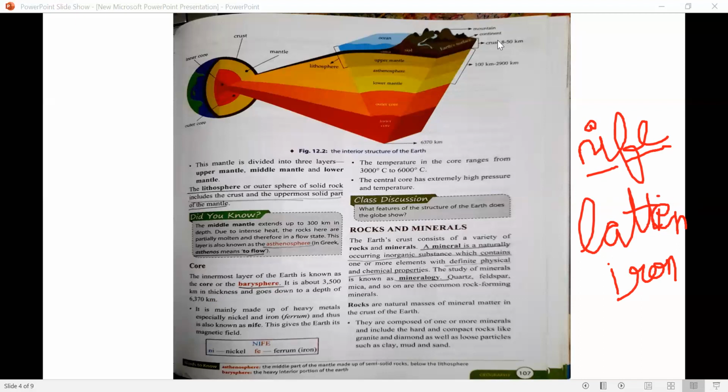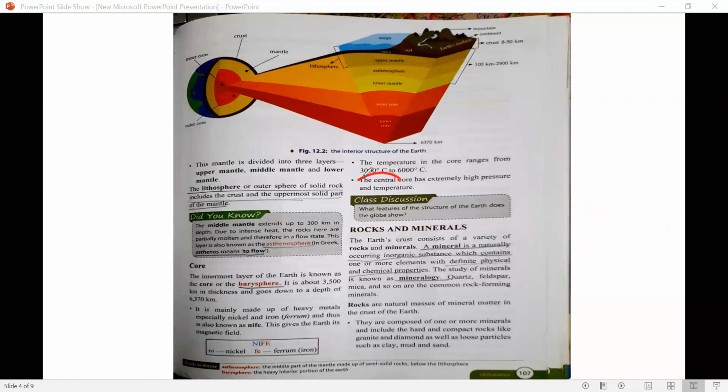Now let us study what the temperature of the core is. The temperature of the core is 3000 degrees Celsius to 6000 degrees Celsius. That seems clear, because it is very, very hot and no one can go there.